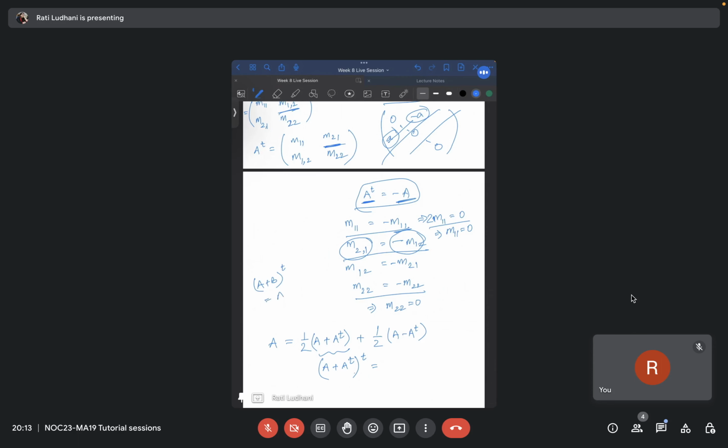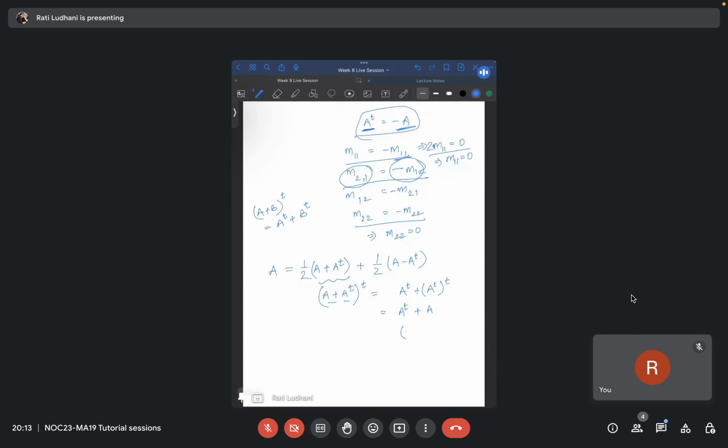These are square matrices, so you get A transpose plus A transpose of transpose, and that is equal to just A. So A plus A transpose, if you transpose it, you will get the same thing. So this implies A plus A transpose is symmetric.